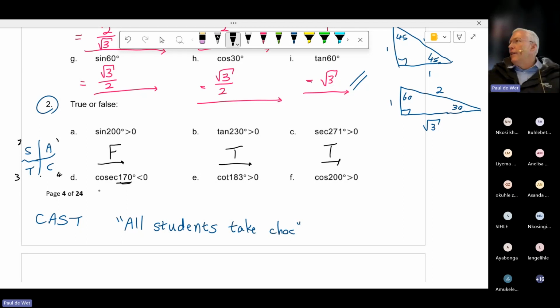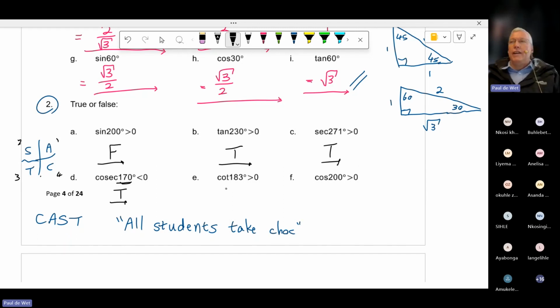And cosec is the upside down of which one? Sine. So cosec and sine, are they positive or negative in quadrant 2? Positive. So in fact, the answer is true. Take a sweet anyway because you've been engaging.